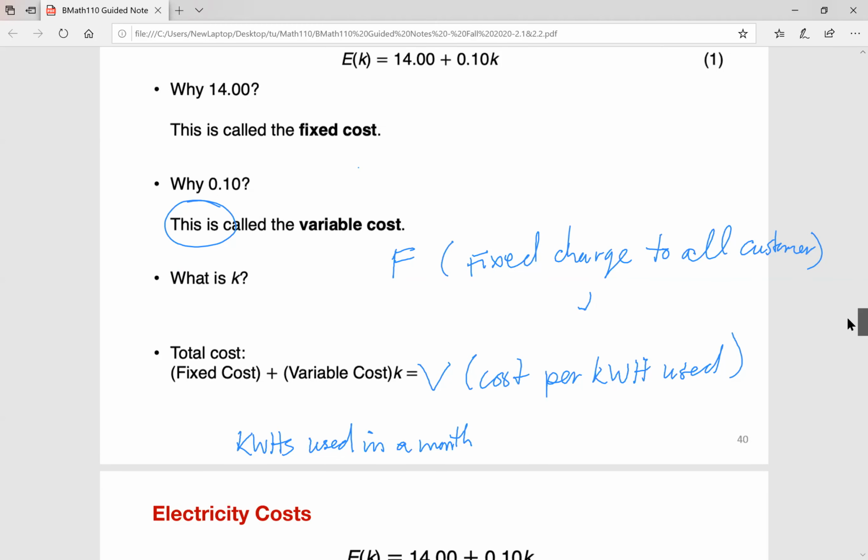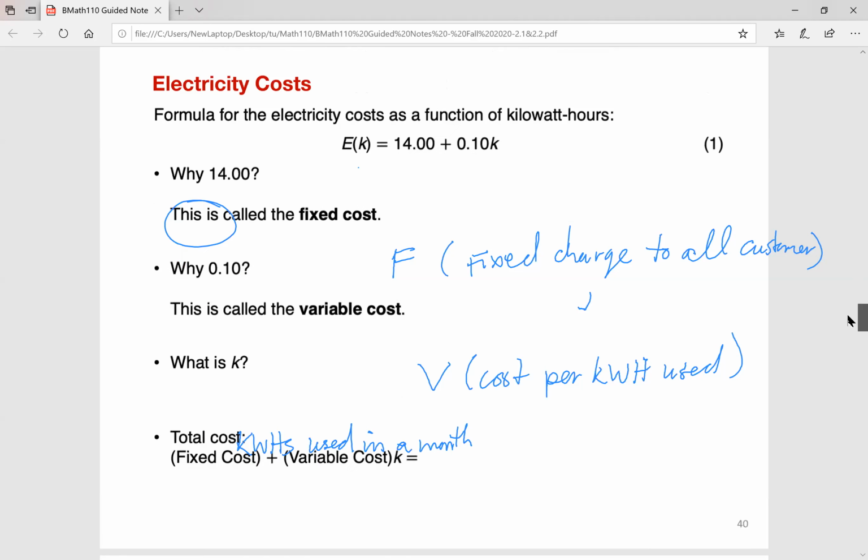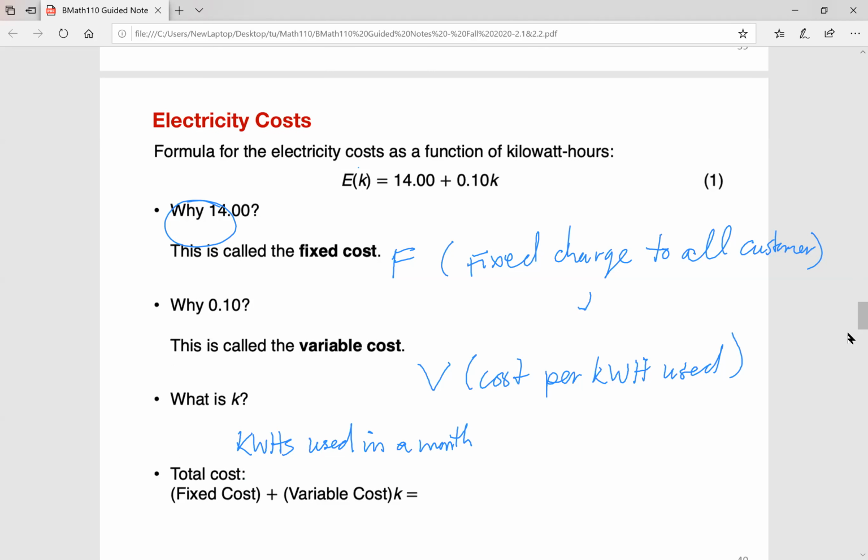So you should know that the total cost should be the fixed cost plus the variable cost times K. And you can rewrite it as 14 plus 0.1K. Okay, so let's move down to the next page.